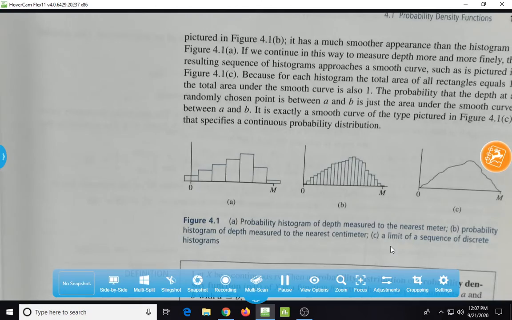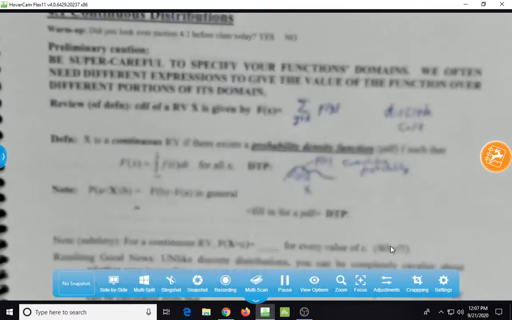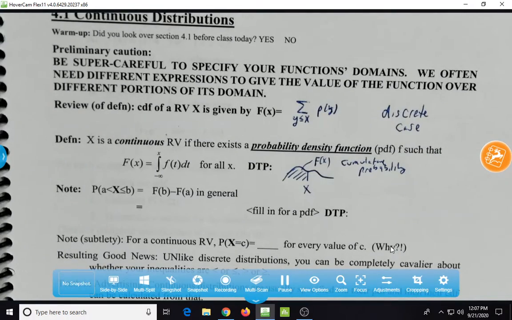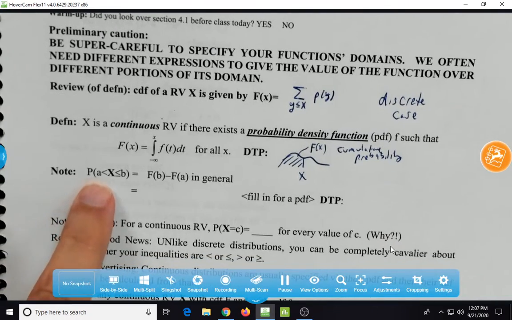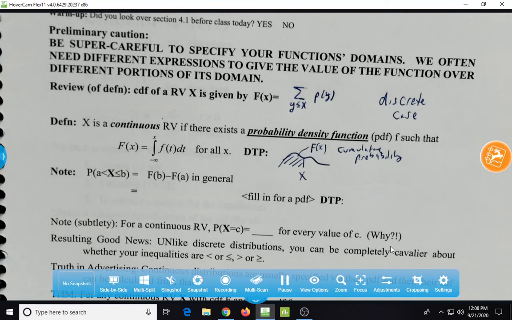When you have a continuous curve, the PDF doesn't really give you much in terms of the probability. It's really the cumulative distribution that does the work. So in general, if you have the probability of a < x ≤ b, remember this is the formula that you got for the discrete case. Remember the discrete case, you had to go down a little bit. If you included a, you had to go to a minus to include the probability all the way through.